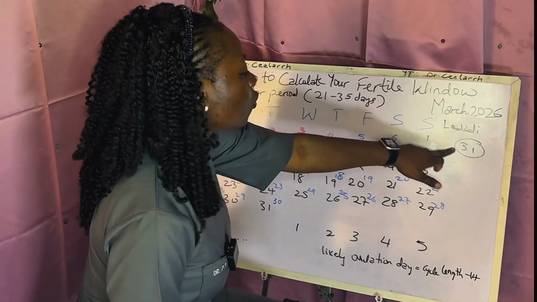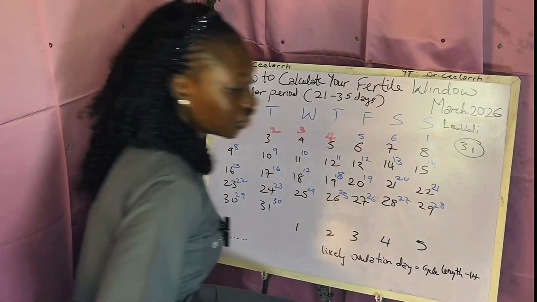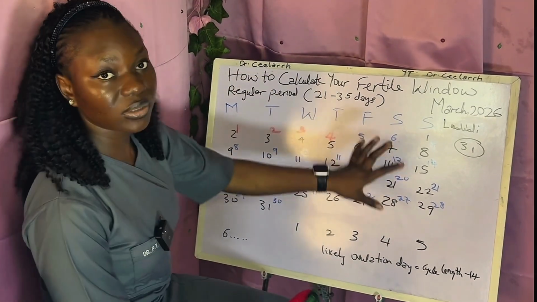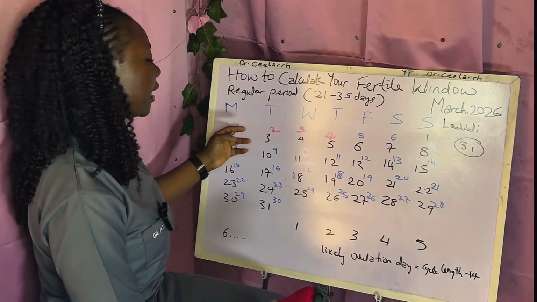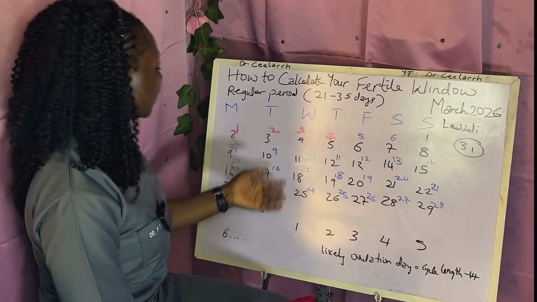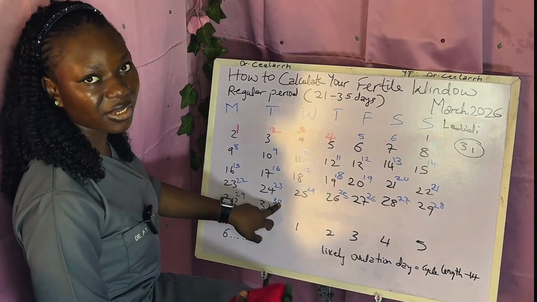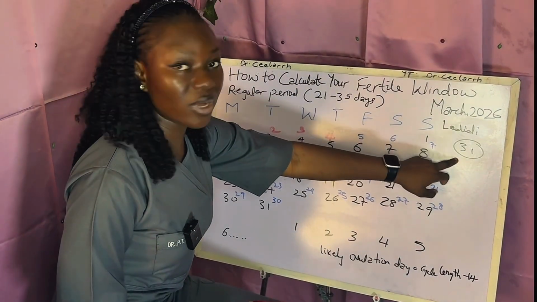Now, for a 31-day menstrual cycle, you discover that this calendar is not sufficient to take in all the days. That's because she started quite early within the month of March. But now this is the 30th day of her cycle, and she has a cycle length of 31 this time around.